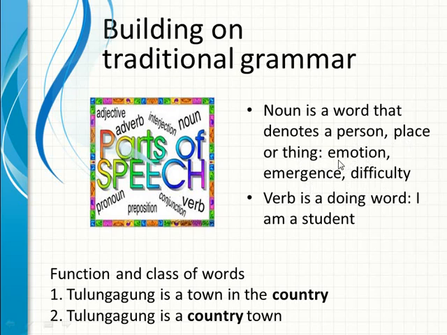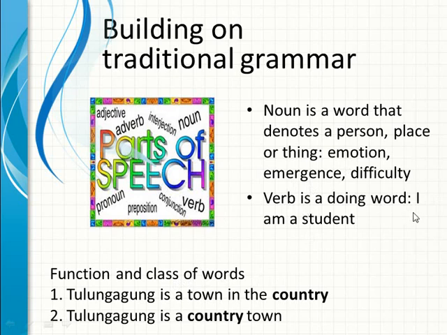So that's why in functional grammar we want to define this more by looking at the function, not just the class of words. And then next, for example, verb. When we talk about verb, what is a verb? A verb is the doing word, so activity.